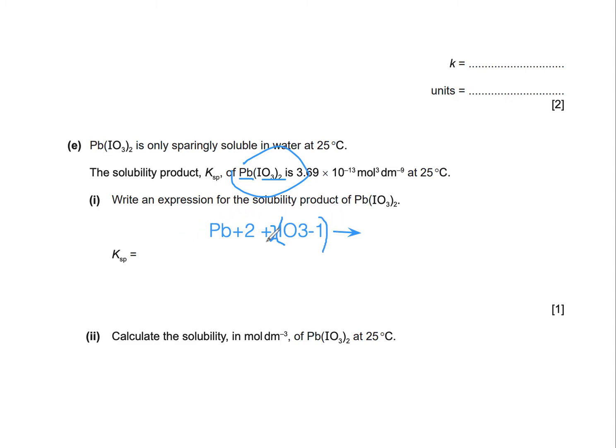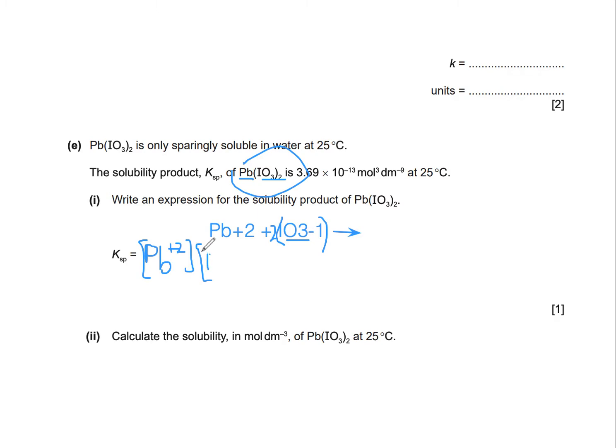Now what do we do? We write the equation for solubility product first. So we write Pb plus 2 concentration and IO3 minus 1.